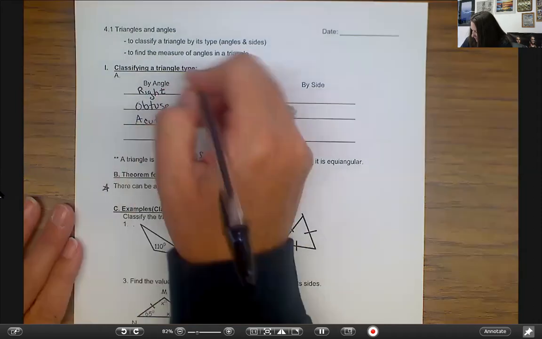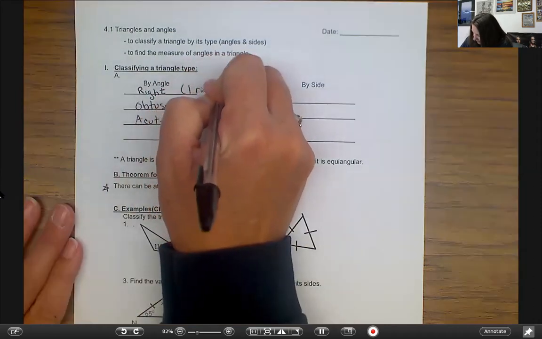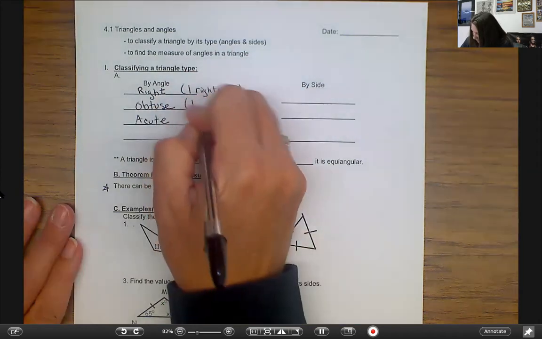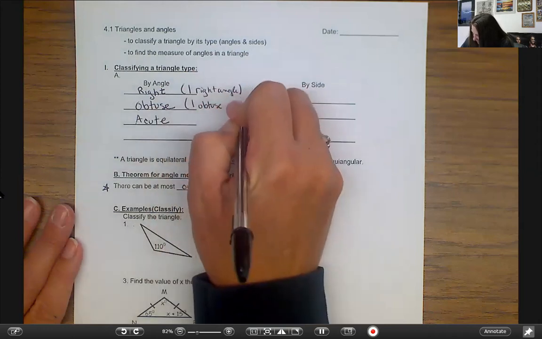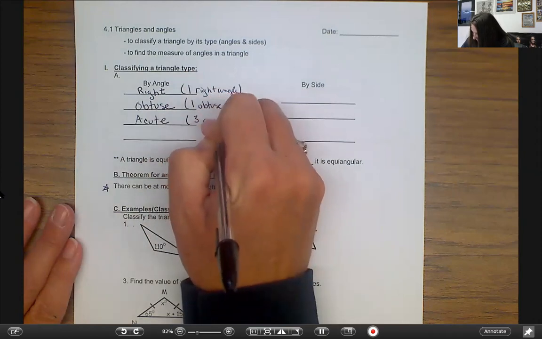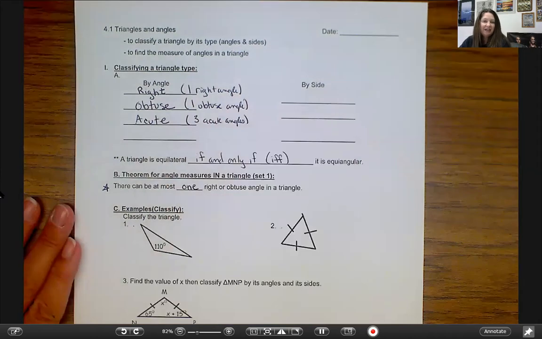So keep in mind, if it's a right triangle, it has 1 right angle. If it is obtuse, it has 1 obtuse angle. But if you say it's acute, it has to have 3 acute angles to create the triangle itself.